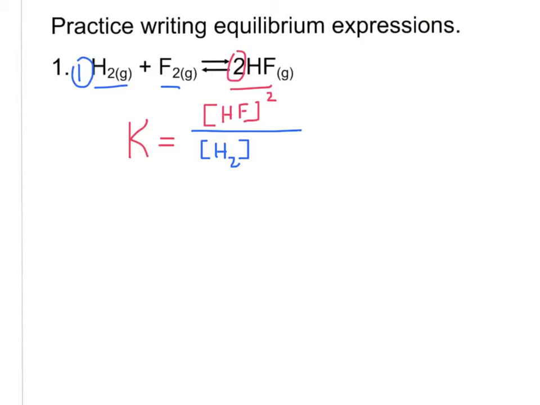So I'm not going to put an exponent there. And fluorine is my other reactant. So I can write the concentration of that. And again, its coefficient is 1, so I don't need to give it a power. That is my equilibrium expression right there.